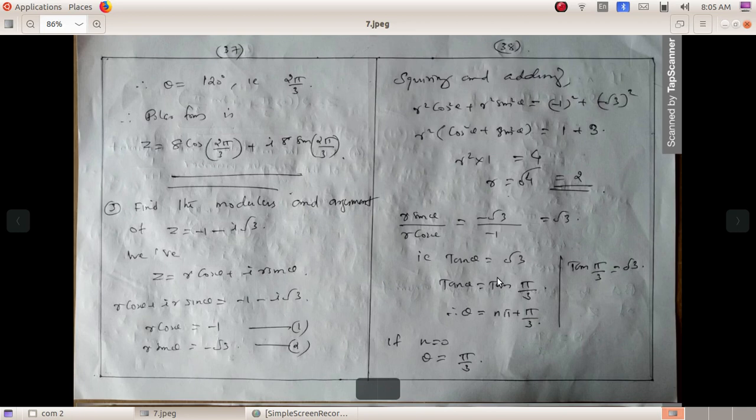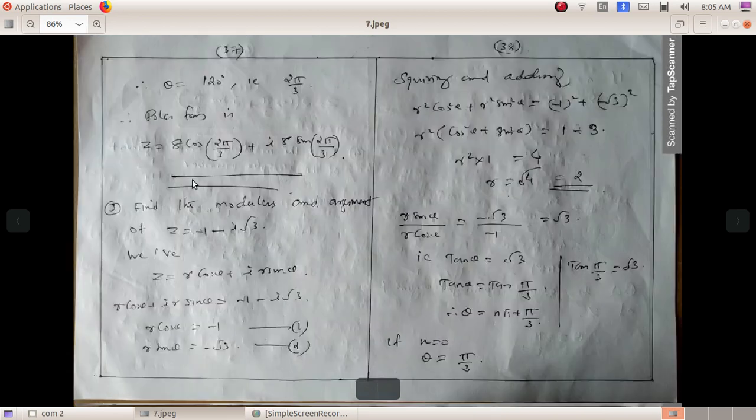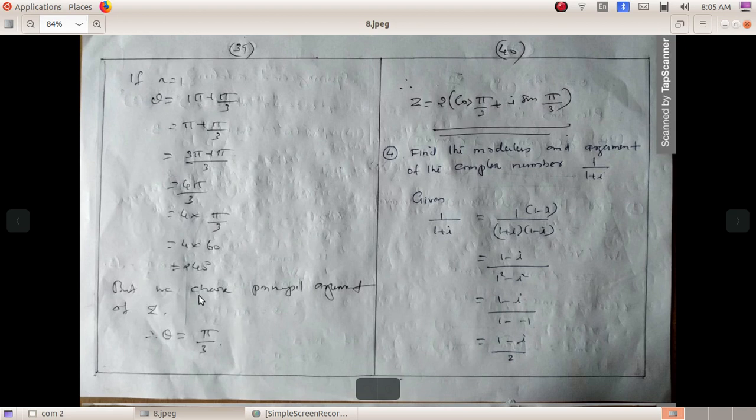Okay, when n is equal to 0, theta is equal to pi by 3 as in the previous cases. When n is equal to 1, you got 240 degrees, but this is not taken, so the value of theta is equal to pi by 3. Okay. So the polar form is obtained as z equal to 2 into cos pi by 3 plus i sin pi by 3.